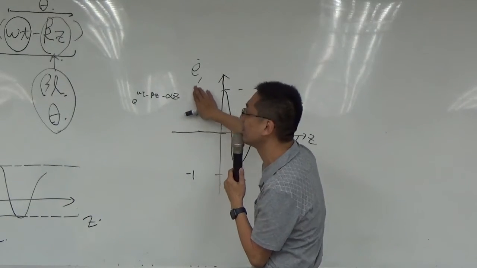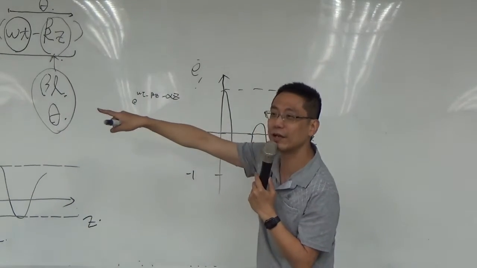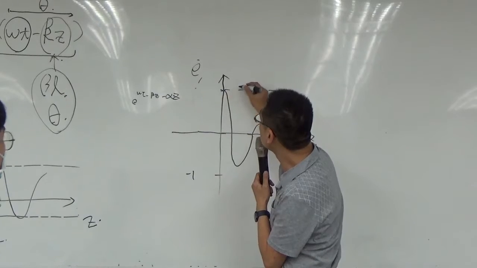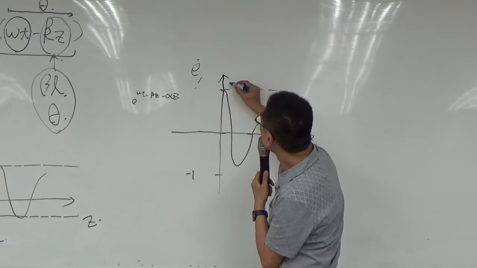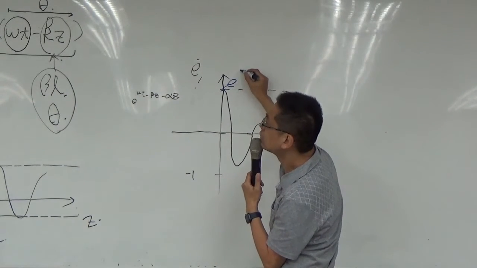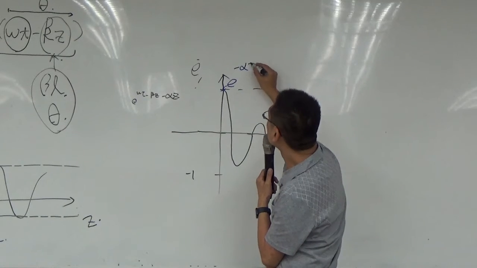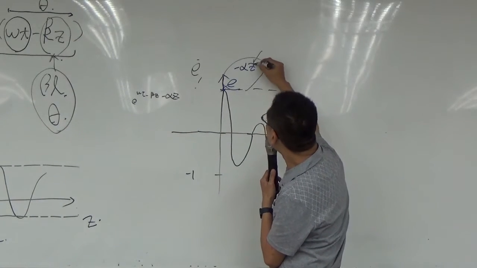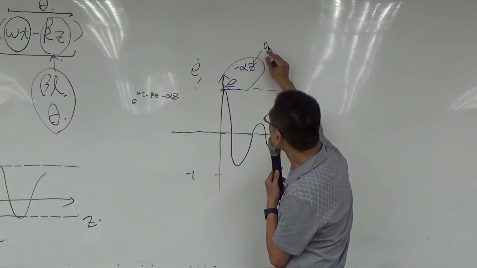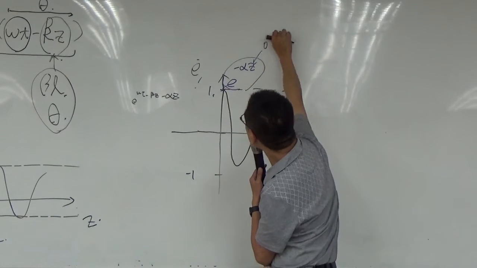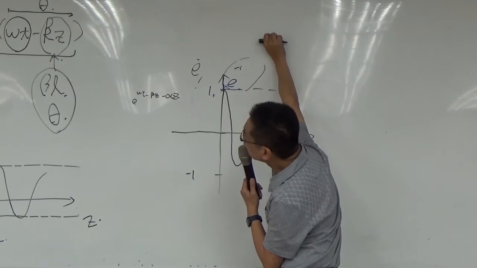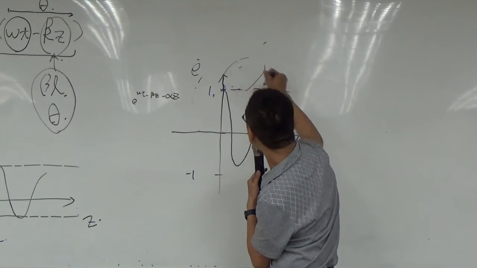This is not a 1 anymore. You times that together, so this is exponential minus alpha z. When you put z equals 0, okay, this is 1. Yes, this is still 1. Okay, you are right.